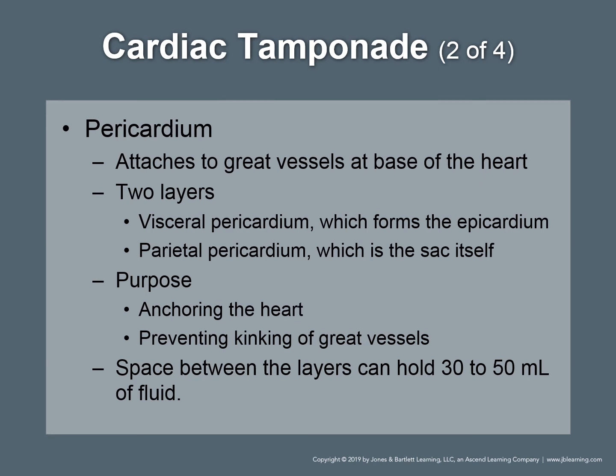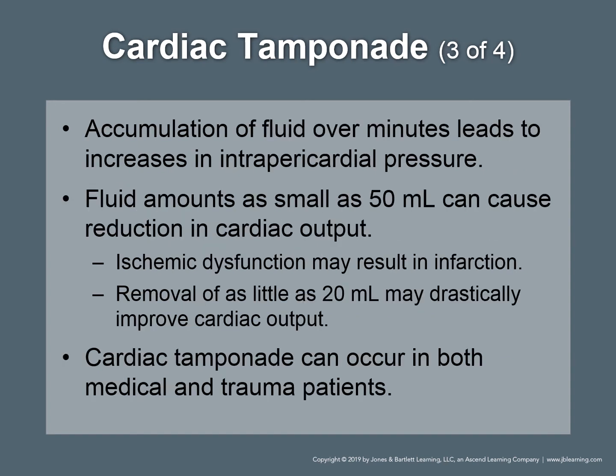The pericardium attaches to the great vessels at the base of the heart. There are two layers: the visceral, which lies on top of the heart, and the parietal, which lies over the visceral pericardium. The pericardium anchors the heart and prevents kinking of the blood vessels. It can hold about 30 to 50 milliliters of fluid before you start seeing any signs or symptoms of a pericardial tamponade.